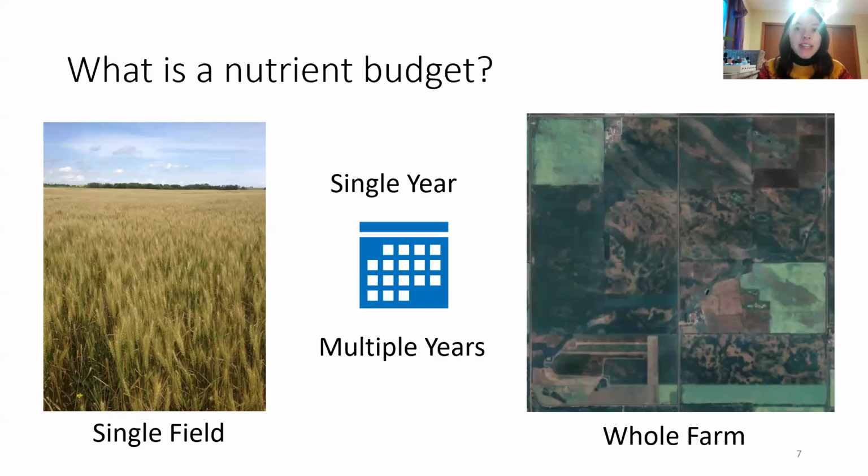An individual field might tell us that we have been exporting for years and we have a deficit, but maybe we have livestock or we're right next to a hog barn where we're bringing in a bunch of manure and it's specifically going on these acres. We might have a glut of fertility on another acre. So if we look at our whole farm system, we might be able to see that we actually have excess nutrients here, but not enough nutrients somewhere else. And maybe we can use our management tools to actually import nutrients from one field to the other.